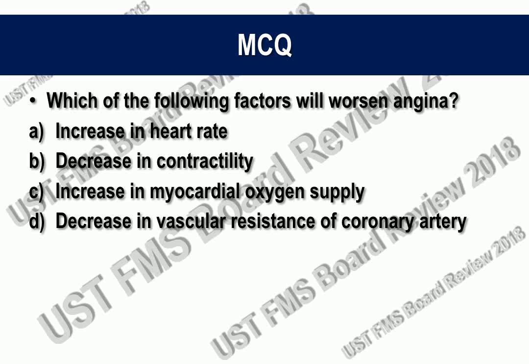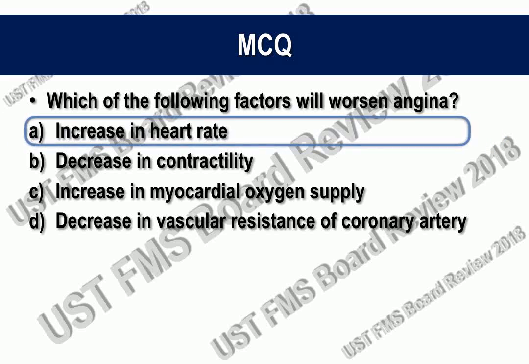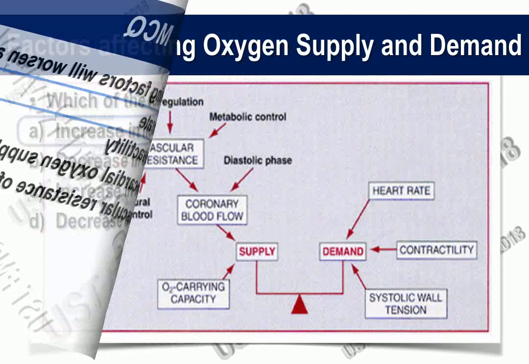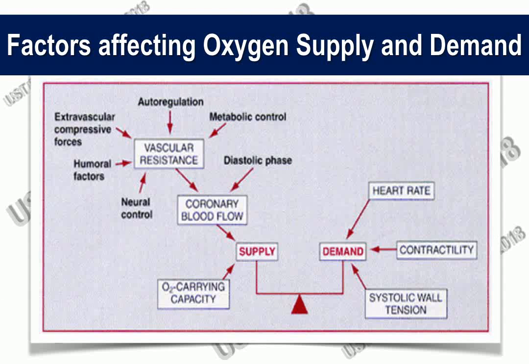And it basically speaks of an imbalance between supply and demand. So the answer here is an increase in heart rate, because an increase in heart rate would lead to an imbalance in the supply and demand, such that it will increase demand, and that would worsen angina. So this is the supply and demand balance that contributes to the symptom of angina.